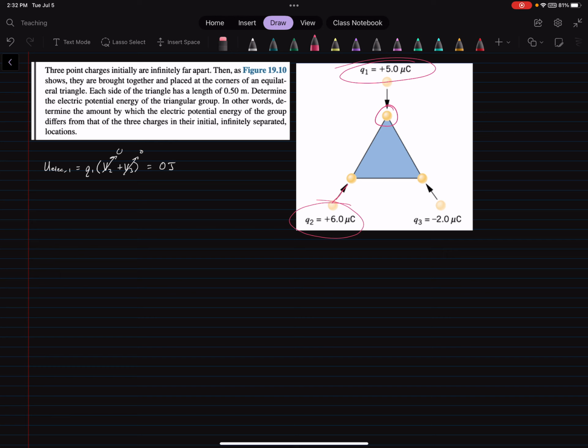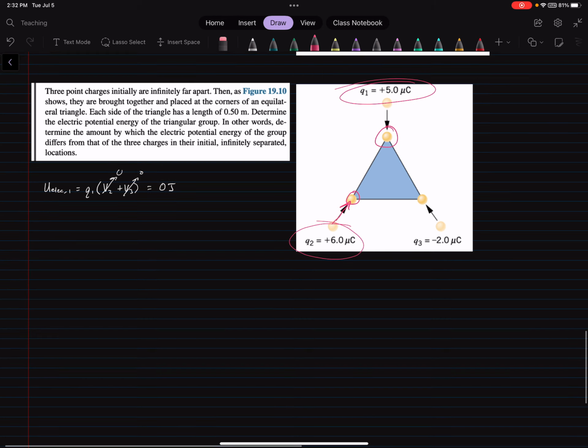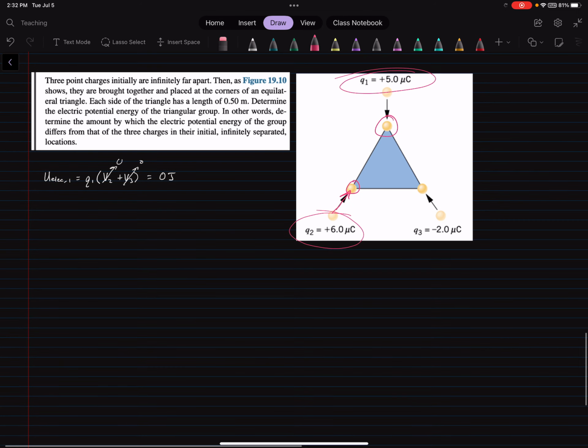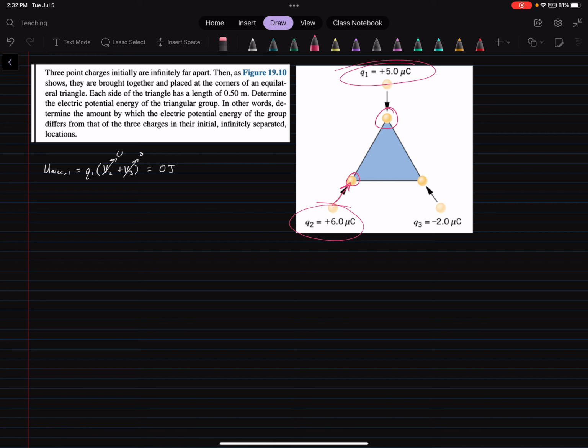So as we bring the second one close to its new position as the bottom left point on the triangle, now these two charges are within some non-infinite distance apart. They're a half meter apart, and so there will be some potential here. Now, once charge 1 is in place, the potential that it creates at the bottom left corner is not 0.